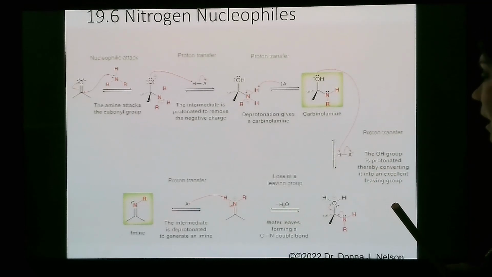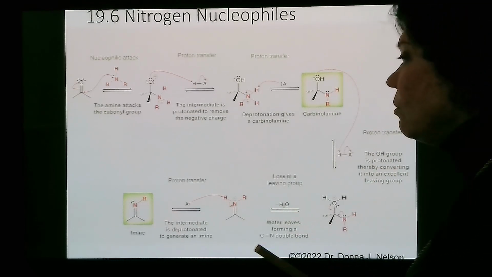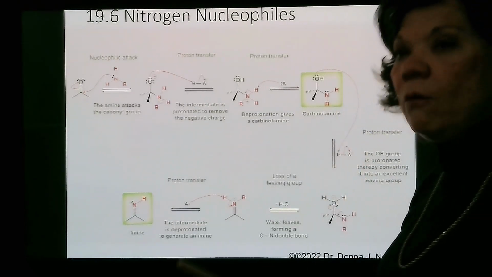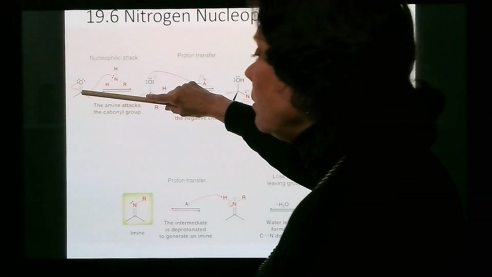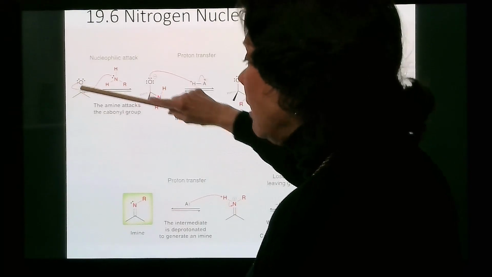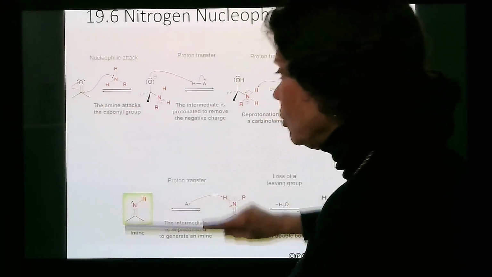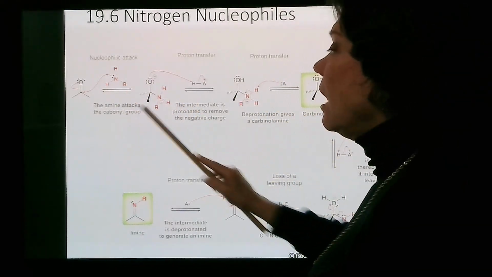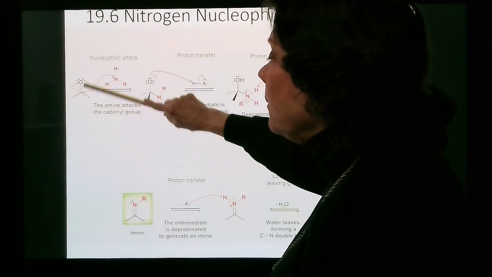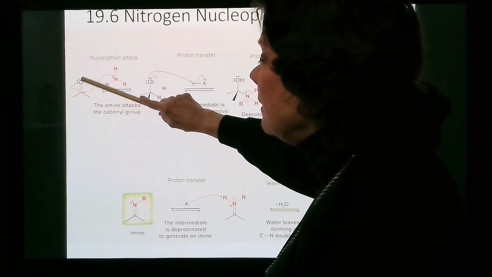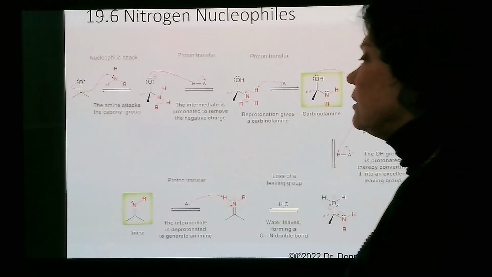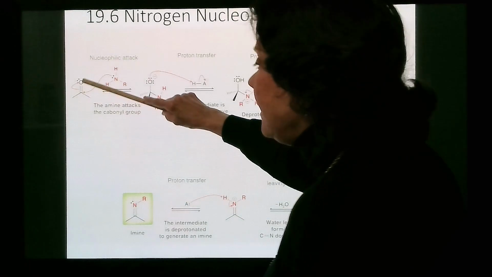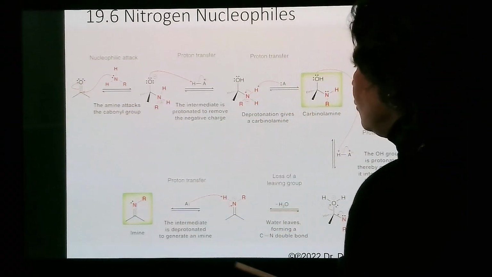And so remember, when drawing a mechanism, you have to keep in mind the overall goal. The overall goal is to replace the carbon-oxygen double bond with the carbon-nitrogen double bond. And so you need to continually do steps that will eliminate the oxygen. This is done by a succession of breaking bonds between carbon and oxygen.